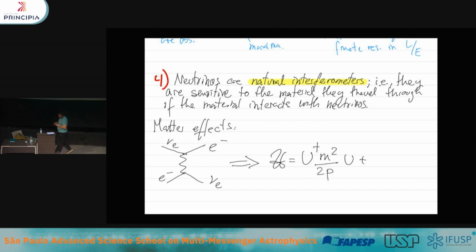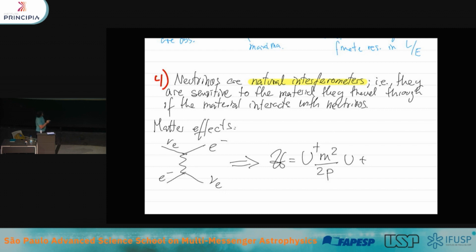So for example, in the Earth, we have electrons that are in the atoms. So when a neutrino crosses through the planet, there is this term here that produces a coherent forward potential, or a potential that comes from this coherent forward scattering. And this potential actually modifies essentially the energy of your neutrino states.